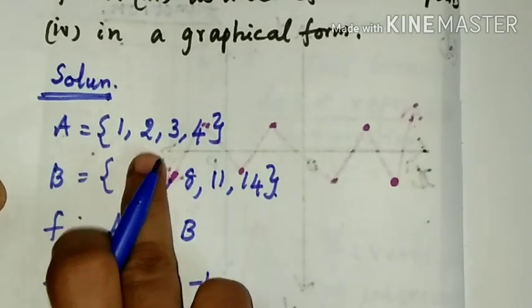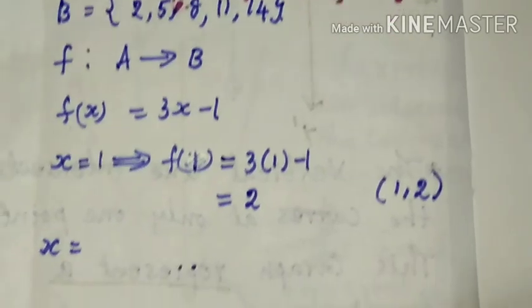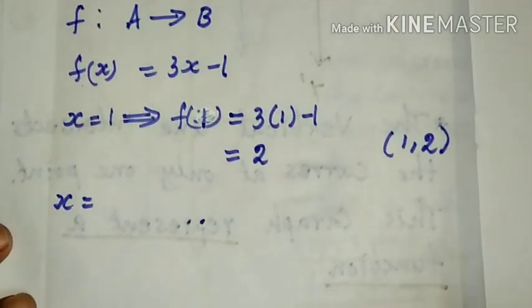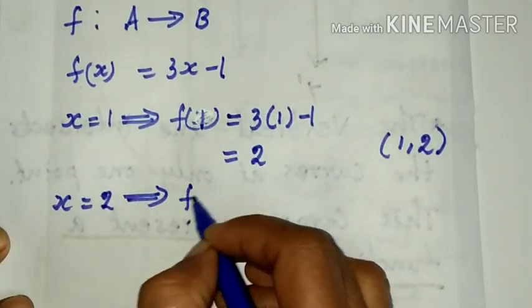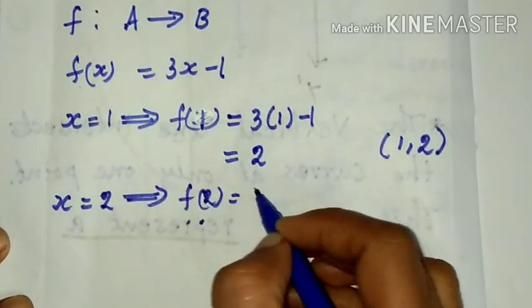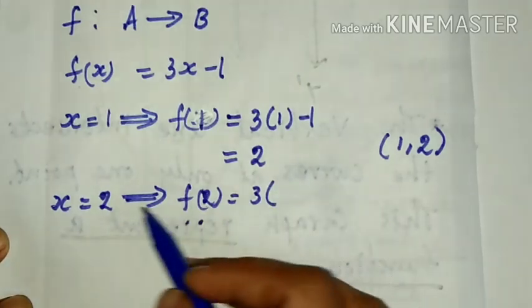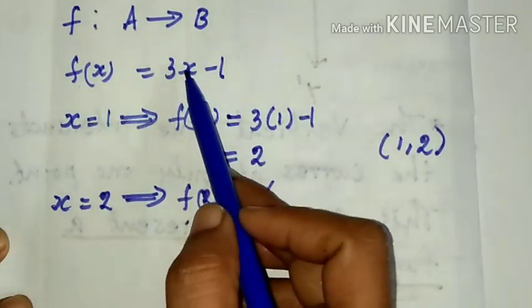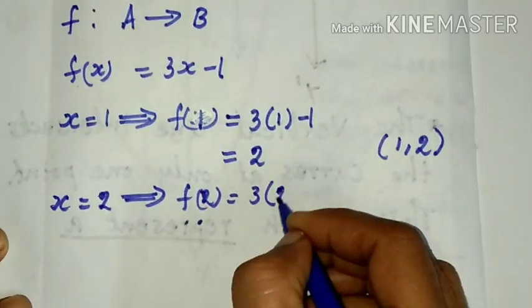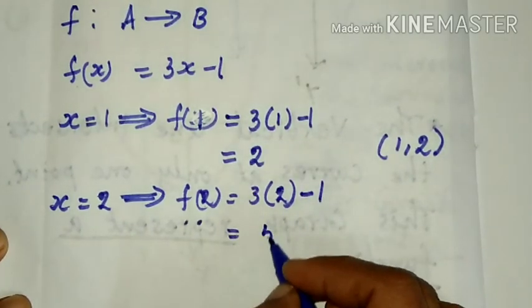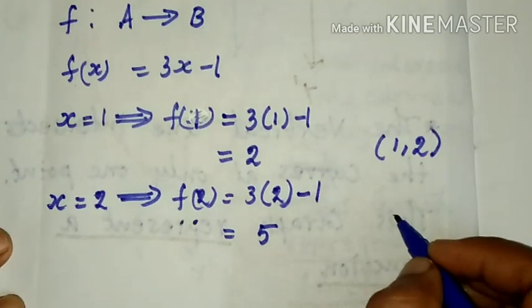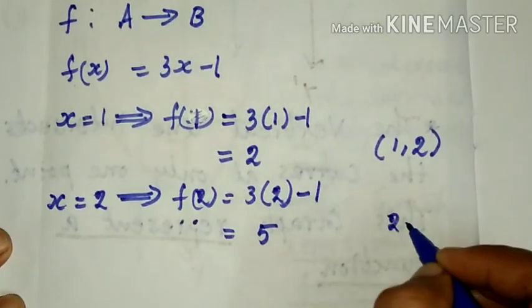Now we take the second element, x is equal to 2. So if x is equal to 2, then f of 2 equal to 3 into 2 minus 1, that is 6 minus 1 is 5. So the ordered pair is 2, 5.